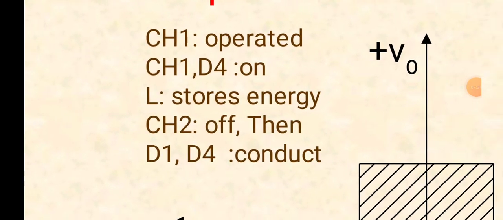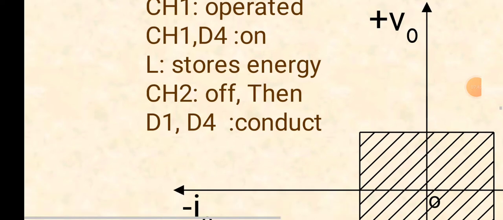In second quadrant, CH2 is operated, CH2 and D4 on, L stores energy, the inductor stores energy, then when CH2 is off, D1 and D4 conduct.